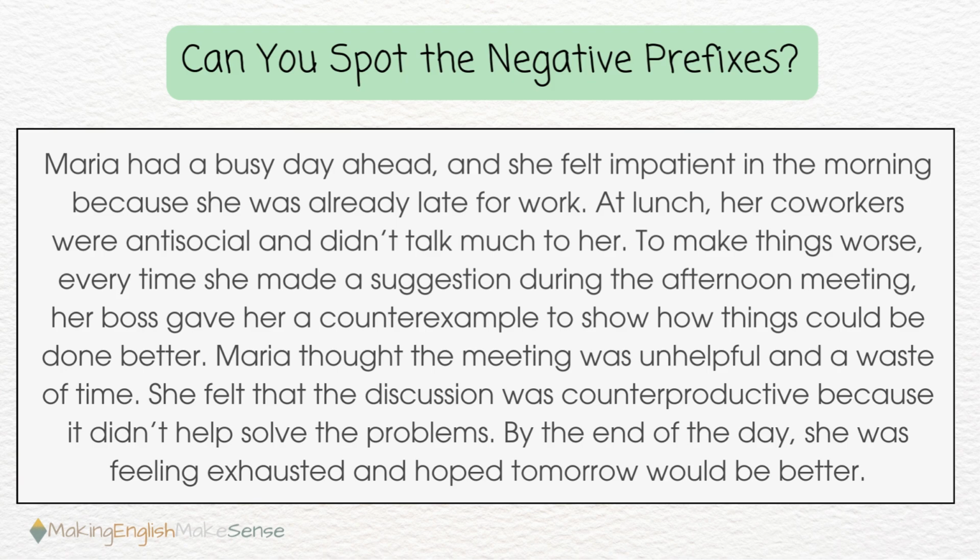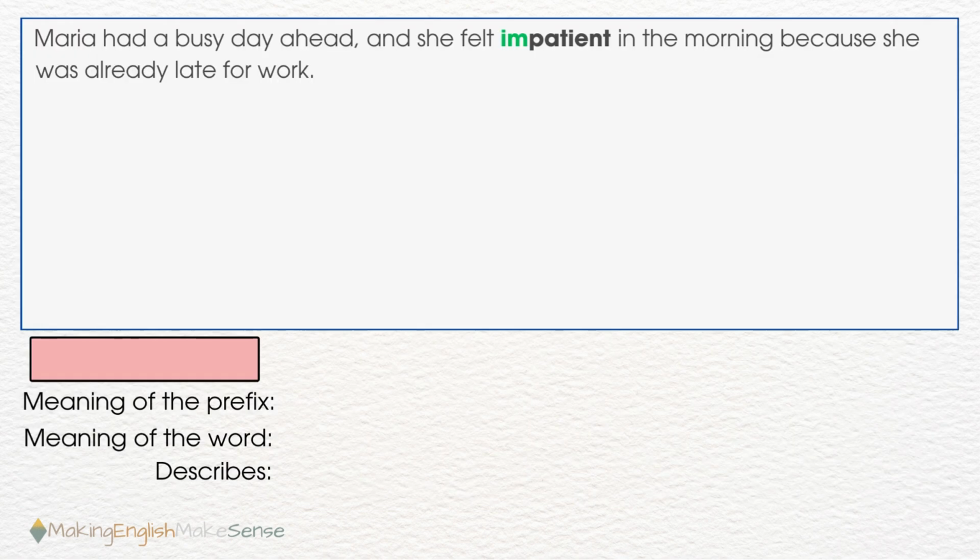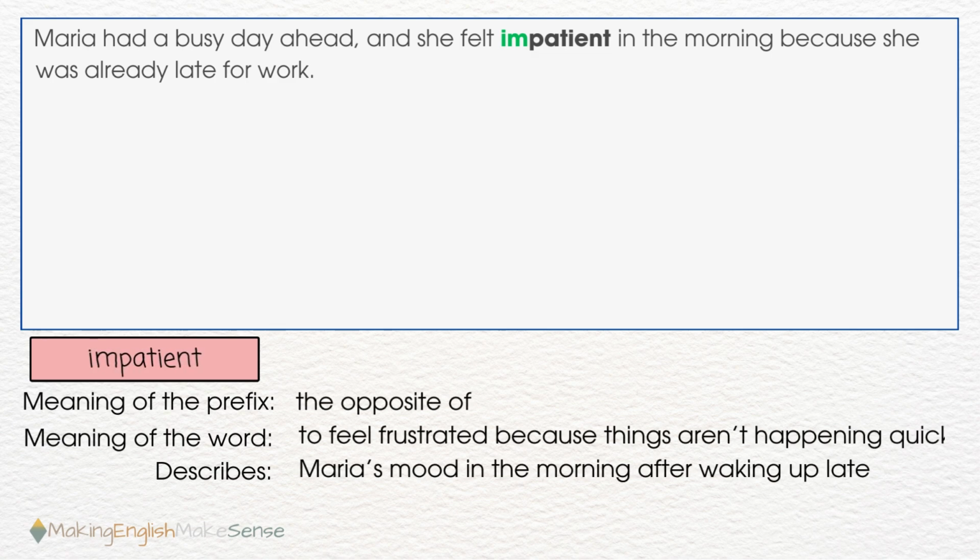Did you spot the negative prefixes there? Let's consider each sentence separately. Our first sentence includes the word impatient, which has the prefix im, meaning the opposite of. The word impatient means to feel frustrated or upset because things are not happening as quickly as you want.